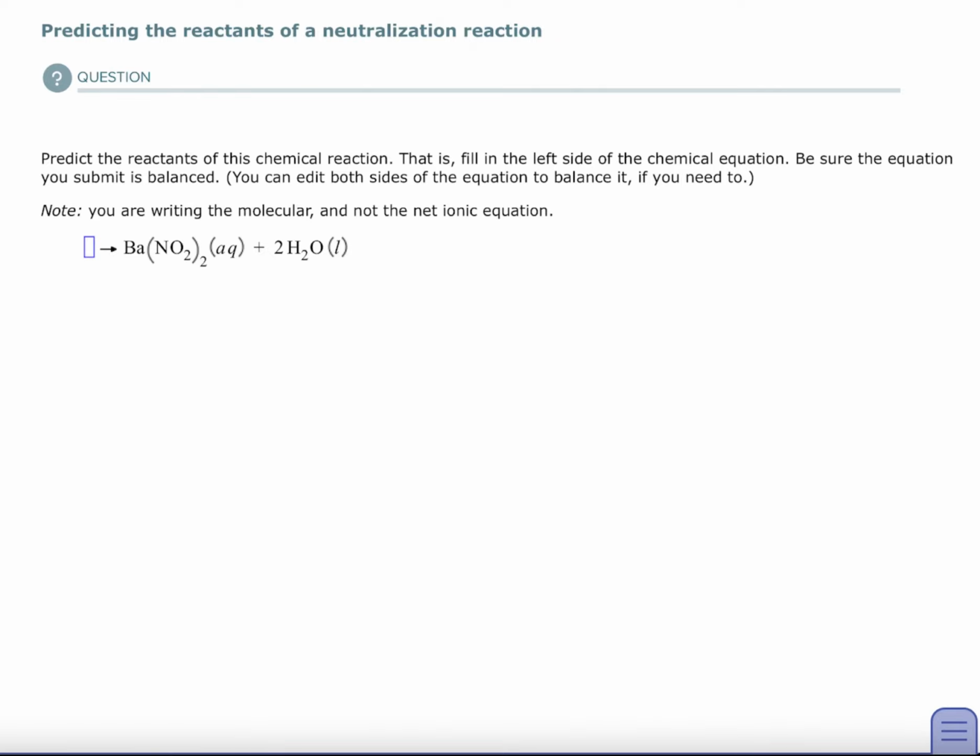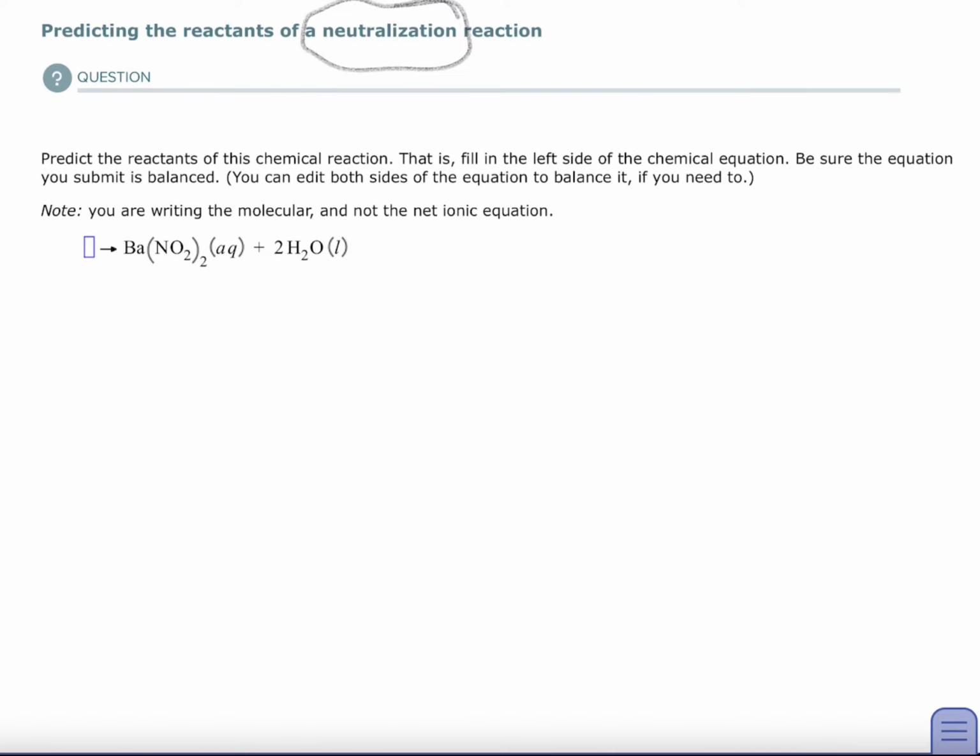So I have to remember that neutralization is simply going to be some kind of an acid and a base reacting together in order to neutralize. And often it's going to be a strong acid and a strong base if they neutralize completely to form water and a salt.